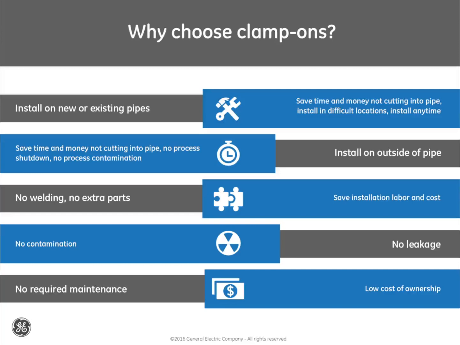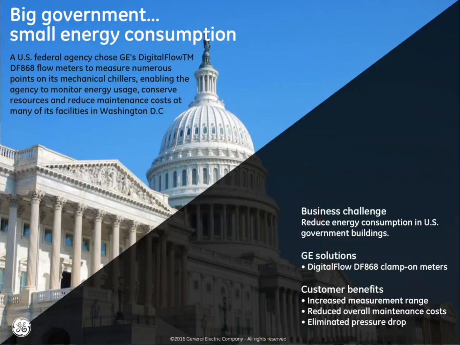Now that we understand ultrasound, how ultrasound is created, the methods of ultrasonic measurement, and the advantages of clamp-on flow measurement, let's go through some real-life application examples. Example number one: a large United States federal agency was mandated to reduce the amount of energy consumption in their buildings.